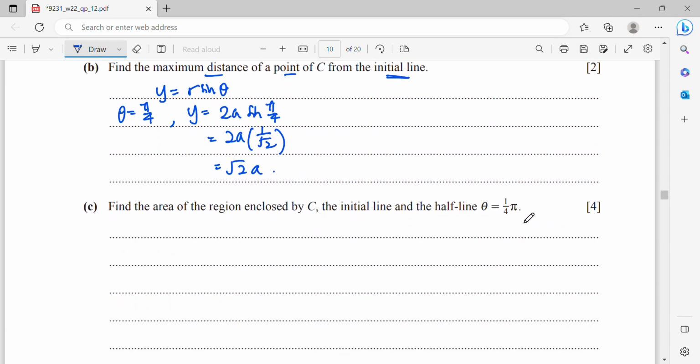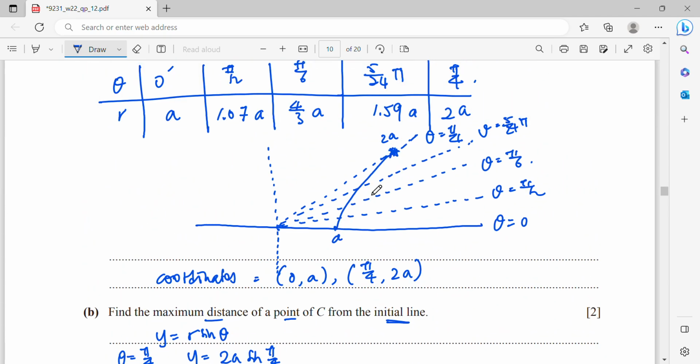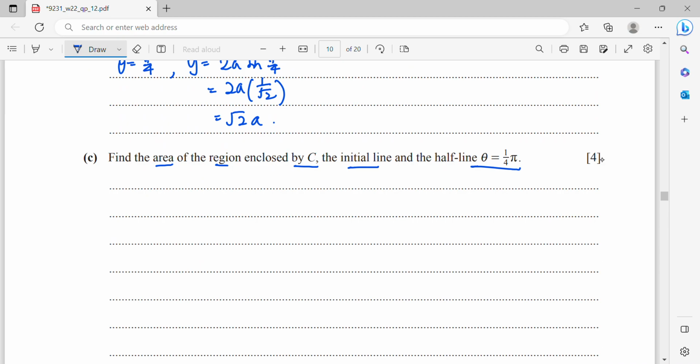Now C, find the area of the region enclosed by C, the initial line and the half line theta equals pi over 4, meaning you need to find the region for this. So the area of the region is basically half the integral of r squared d theta, with theta from 0 until pi over 4. This is the formula.